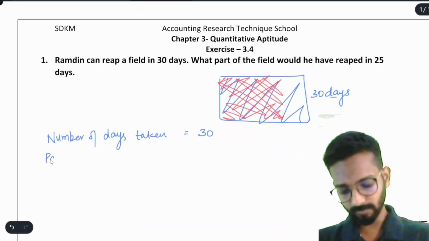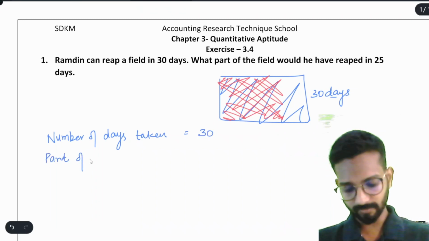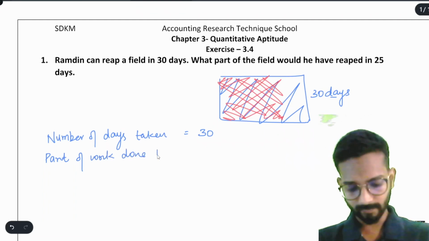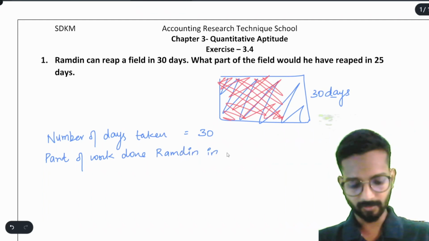So part of work done by Ramadeen in one day, this you have to write in almost every question.